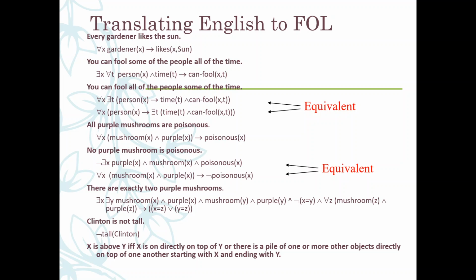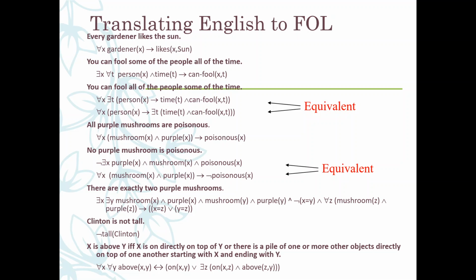That is, x is directly on top of y, or there is a pile of one or more other objects directly on top of one another, starting with x and ending with y. So how to represent this?